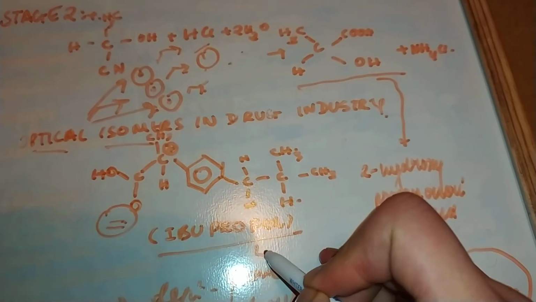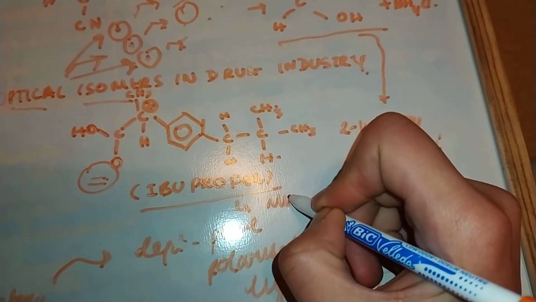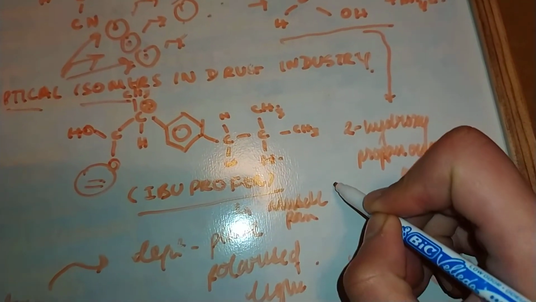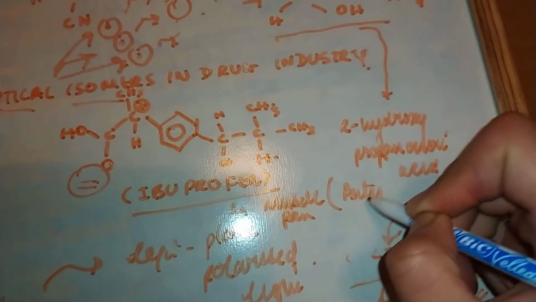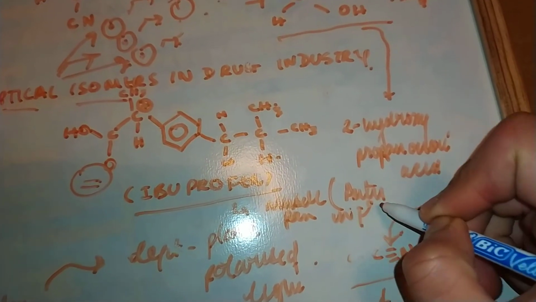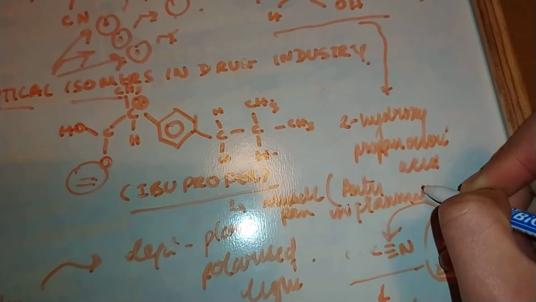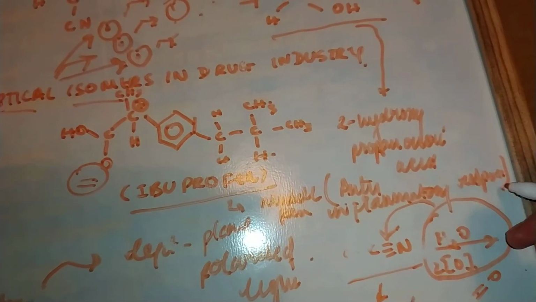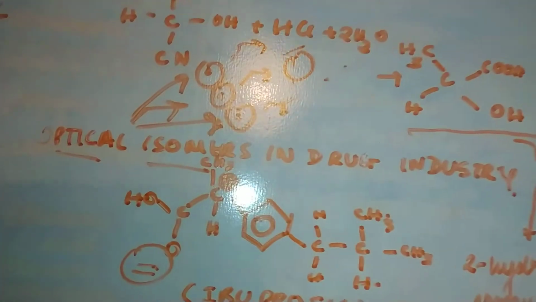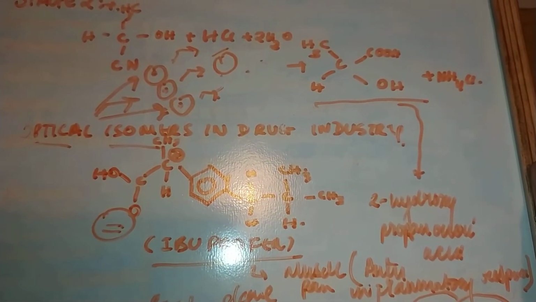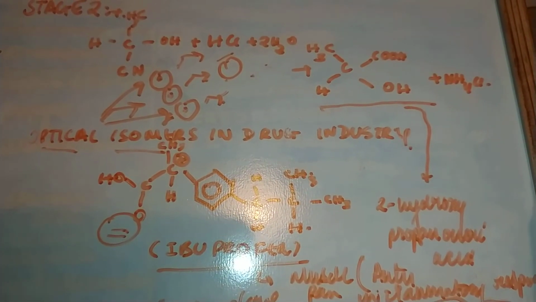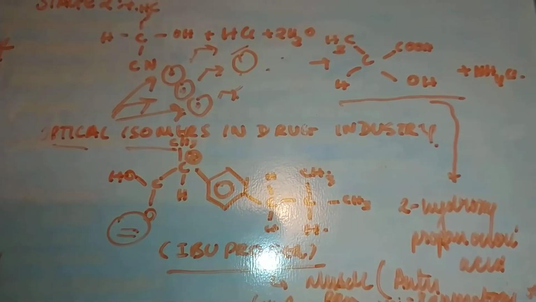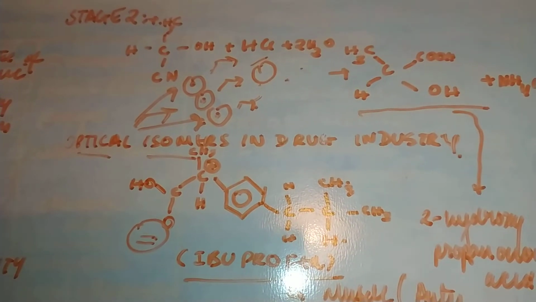Obviously, ibuprofen is used to treat muscle pains, or it can be an anti-inflammatory drug as well. But there's another one which is naproxen. Naproxen is actually an isomer related to ibuprofen that is used to treat arthritic pains.